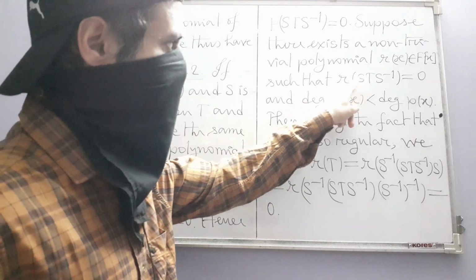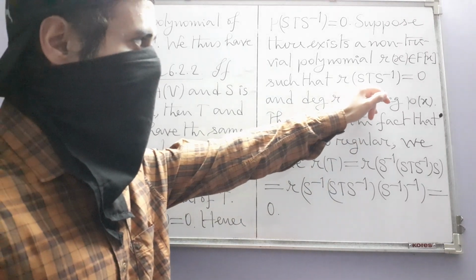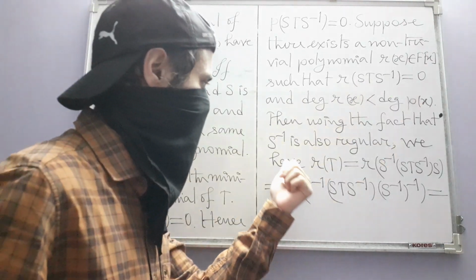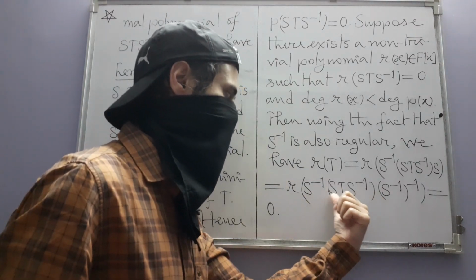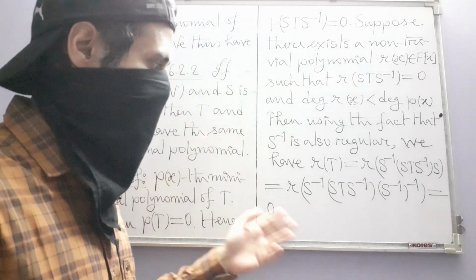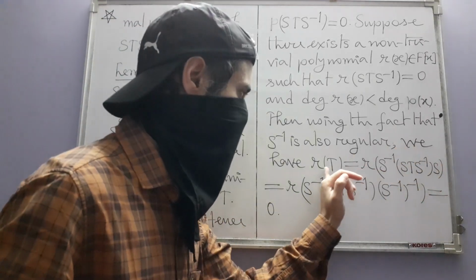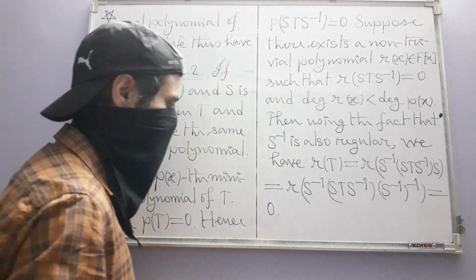And this is satisfying the polynomial R. So if we take the conjugate of this operator by which regular operator? S inverse. Then the conjugate looks like this: S inverse times the operator times the inverse of S inverse. That should also be equal to 0. However, that turns out to be equal to nothing but T. Okay, so R of T is equal to 0.